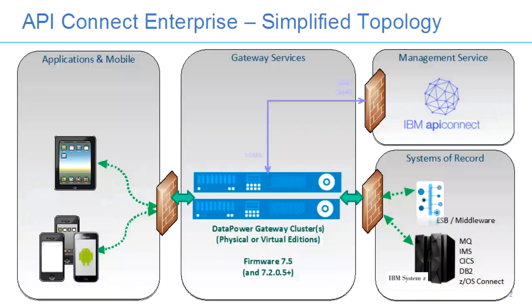We still have a set of gateway clusters. We have one or more gateway clusters. We're now calling them services in CMC, but they're the same thing, different name. And these gateways are hosted on physical or virtual DataPower appliances.